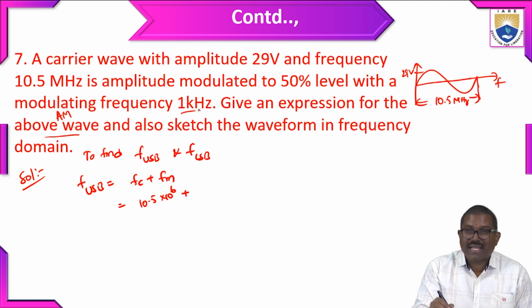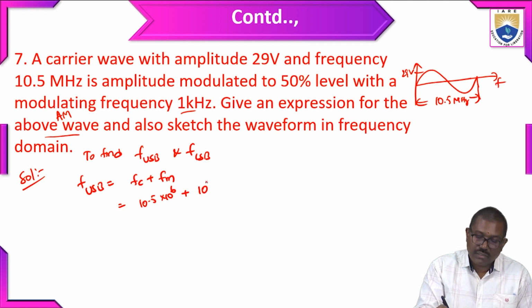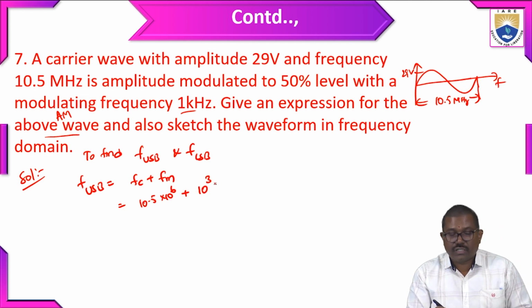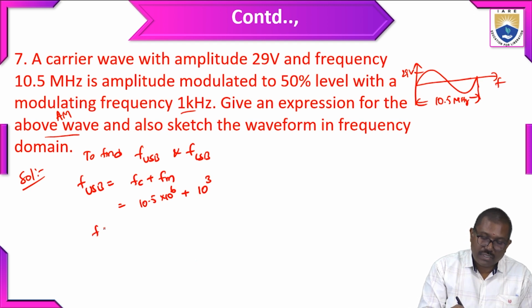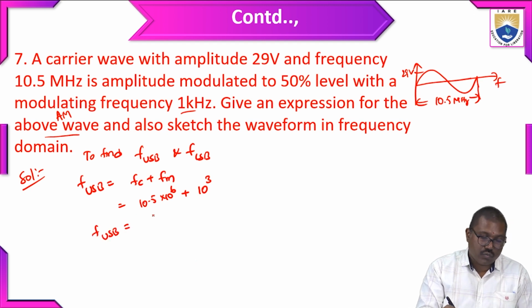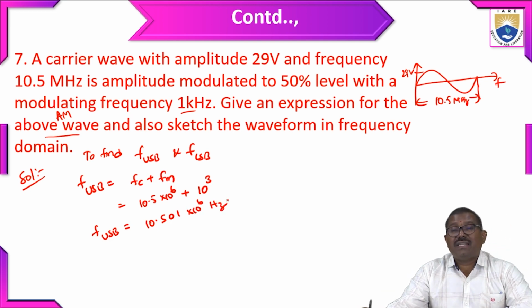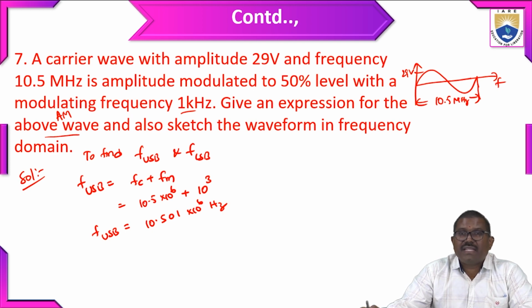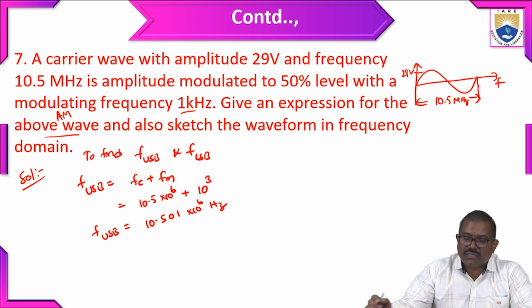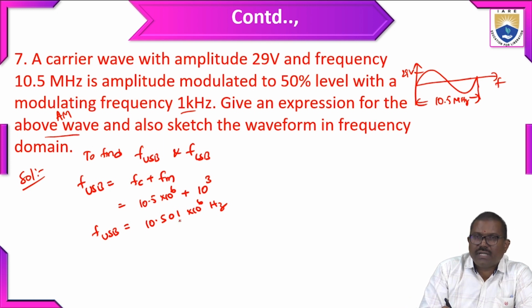FM value is 1 kilo, so 1 into 10 cube. So F USB is equal to 10.501 into 10 power 6 hertz. Because one is in megahertz and another is in kilohertz, 10.501 indicates this one is in kilos, so that's why 10 power 6 hertz.